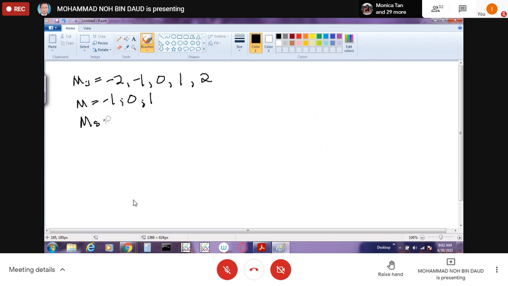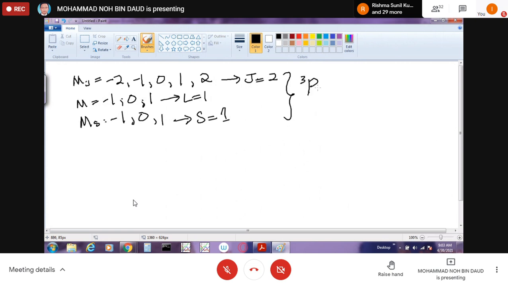And the MS is from -1, 0, and 1. Okay. So this one will give 1 for the total orbital angular momentum and the total spin angular momentum, okay, here is 1, and the J is 2. Okay. This will give triplet P2.